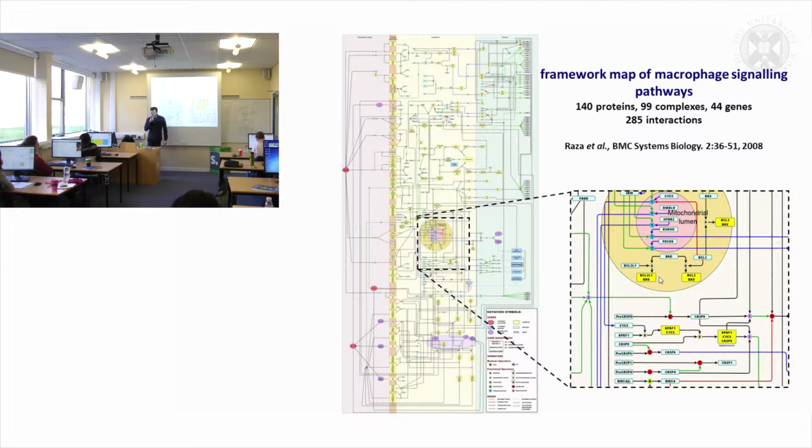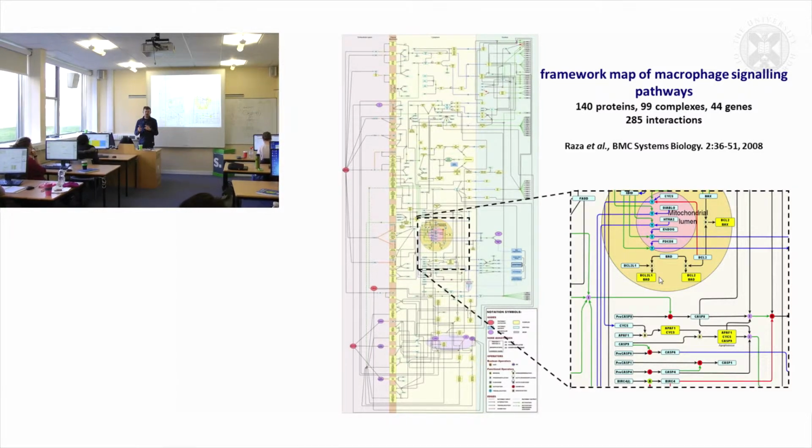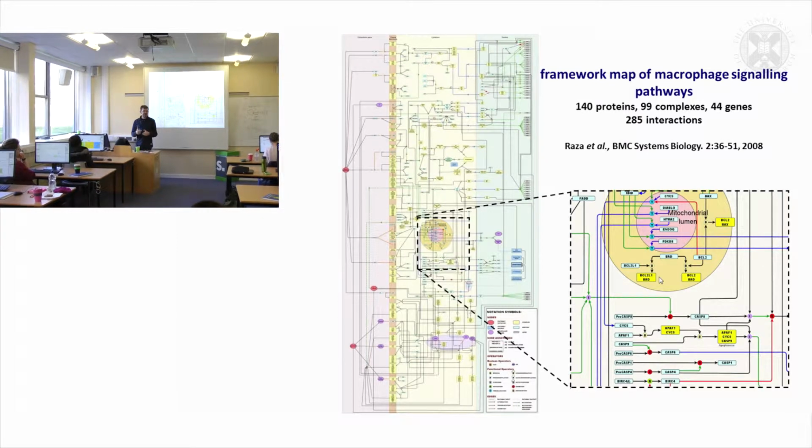Now, when we started this diagram, we didn't know what we were doing. We didn't even know what tools we wanted to use. We didn't know what tools were available. And one of the things you learn as you go through this pathway modeling is you not only learn what you think you know, you realize what you don't know.